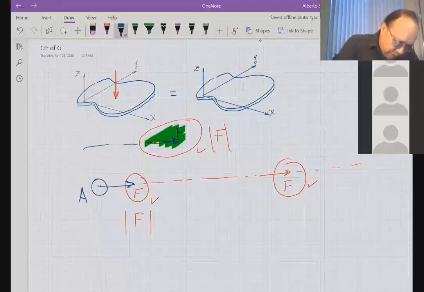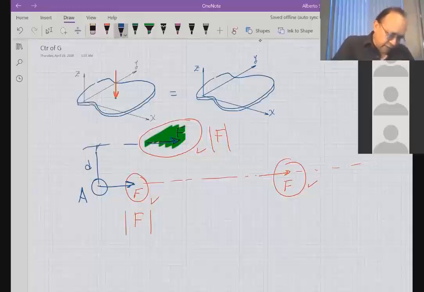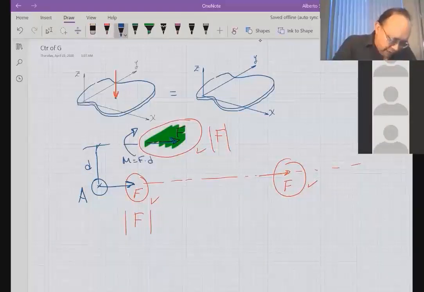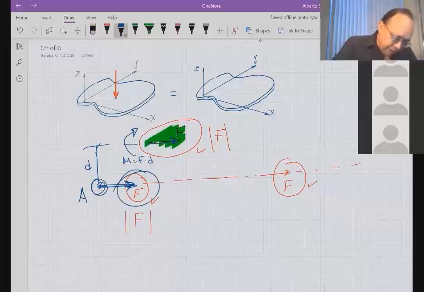This produces a moment equal to force times distance. If this is the distance d, there will be a moment here equal to force times d. That is not the moment that this one is producing about the same point A. So these two systems are not the same.